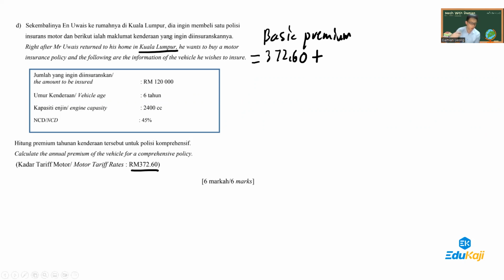So in Kuala Lumpur, Semenanjung, Malaysia, the rate is 26 ringgit for each 1,000 that wants to be insured. But for the first 1,000 is already 372.6, so I only take 119,000. Yeah, so it's per 1,000, that's why I need to divide 1,000.